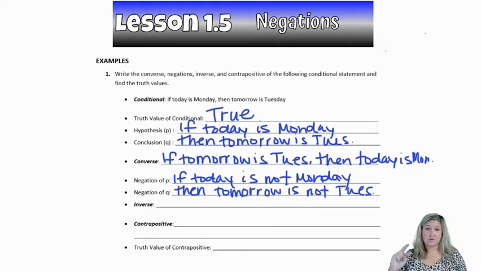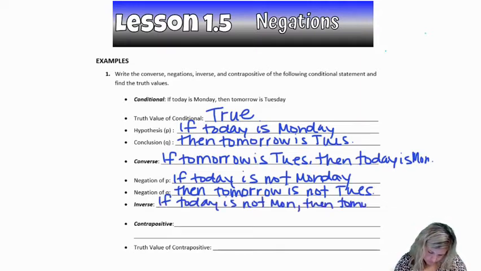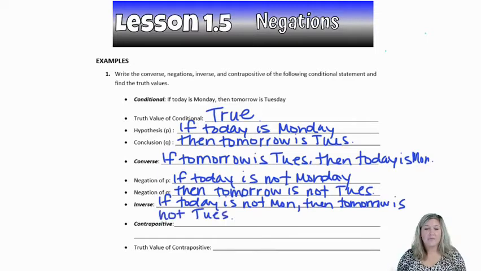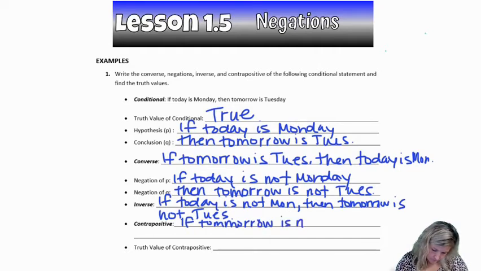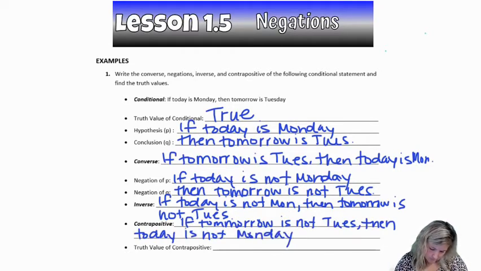The inverse is those two statements put together: if today is not Monday, then tomorrow is not Tuesday. The contrapositive reads: if tomorrow is not Tuesday, then today is not Monday.